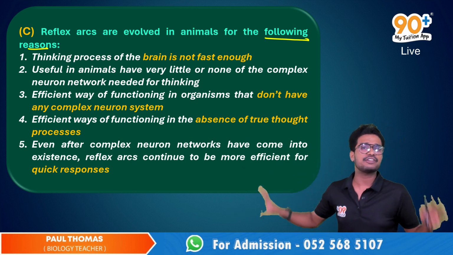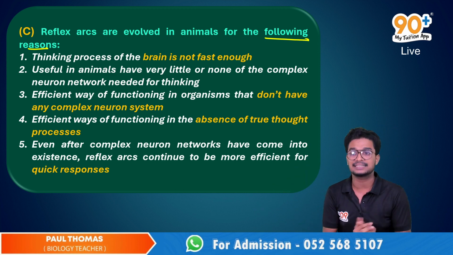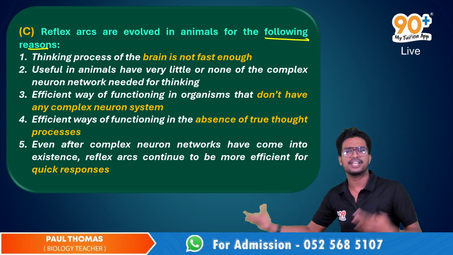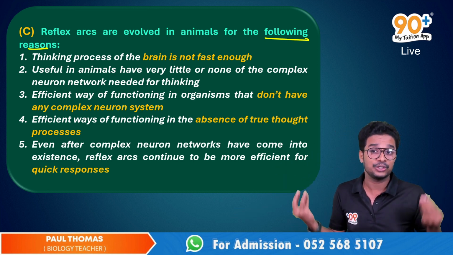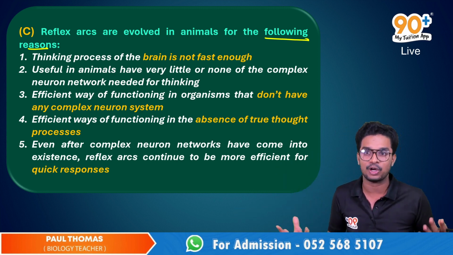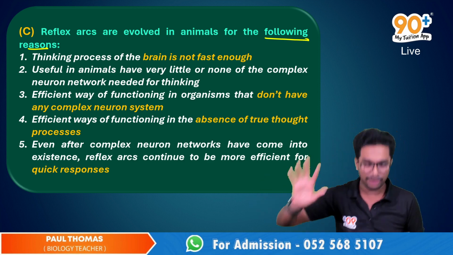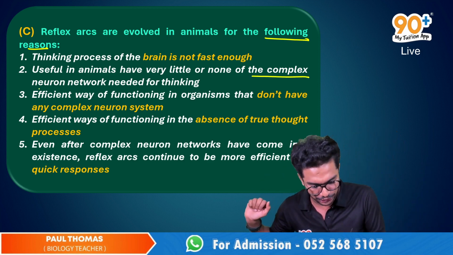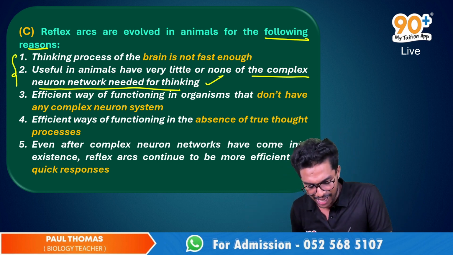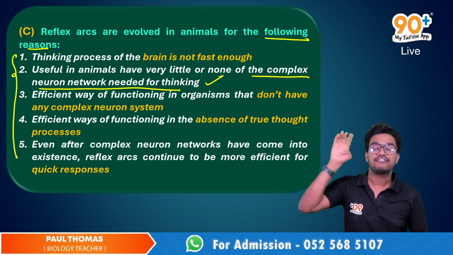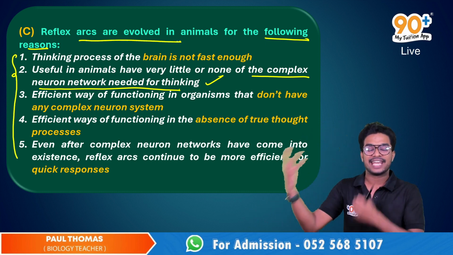It is also an efficient way of functioning in organisms that don't have a complex nervous system, and it is useful in animals that have very little or none of the complex neuron network needed for thinking. I have described all 5 points regarding why reflex arcs evolved in animals.